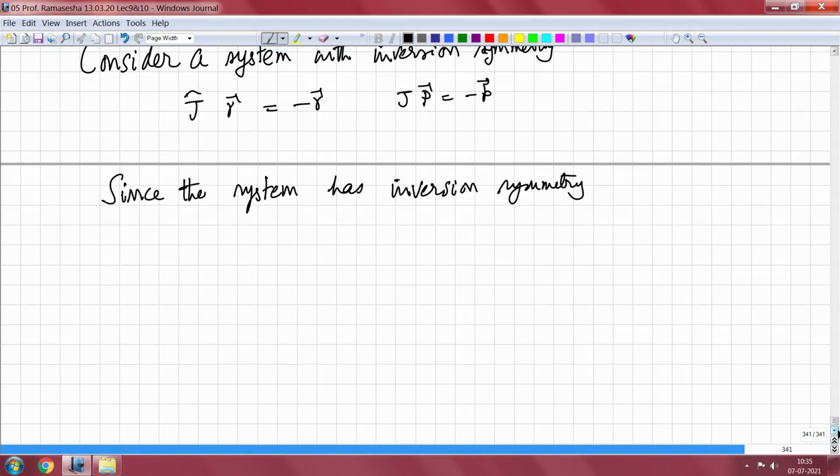since the system has inversion symmetry, J psi is an eigenfunction of H if psi is an eigenfunction.